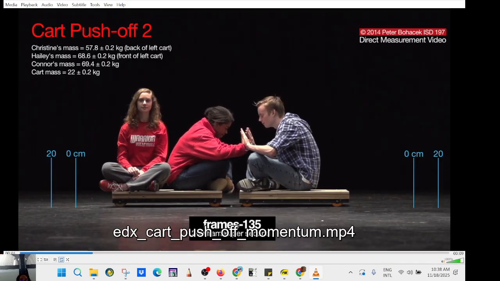Here is a demo. You see, they push each other. This one has a large mass, this one has a small mass, so it's a recoil situation. Remember, in a recoil situation you have the magic formula m1 over m2 equals minus v2 prime over v1 prime. So if that mass is 3 times larger, the speed will be divided by 3.